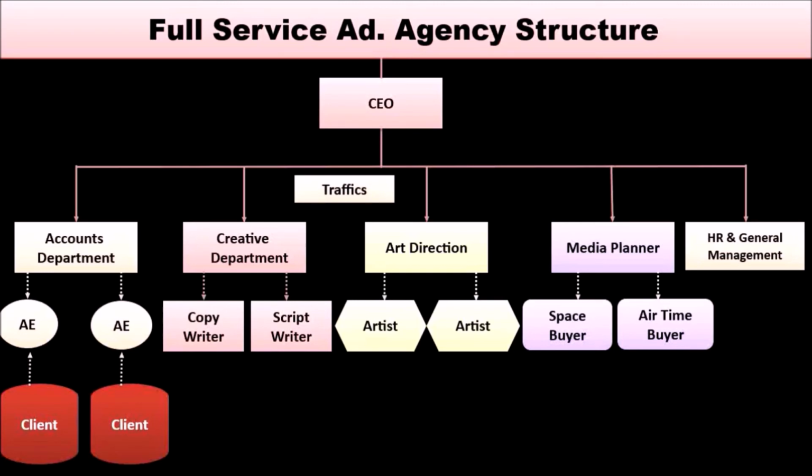It is headed by an art director. Artists like designers work under the art director. Once art direction has designed the ad, it transfers the ad to the accounts department. Accounts department presents that ad to the client for approval. Once the client gives approval, accounts department transfers that ad to the media planner.